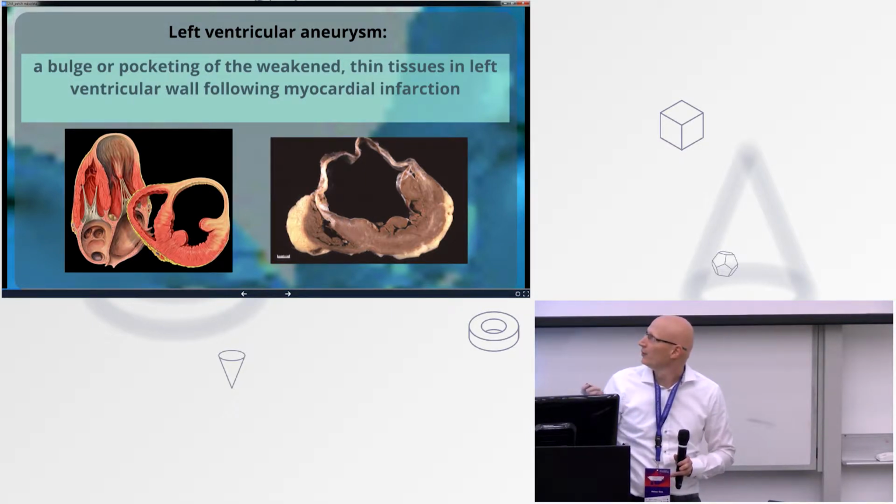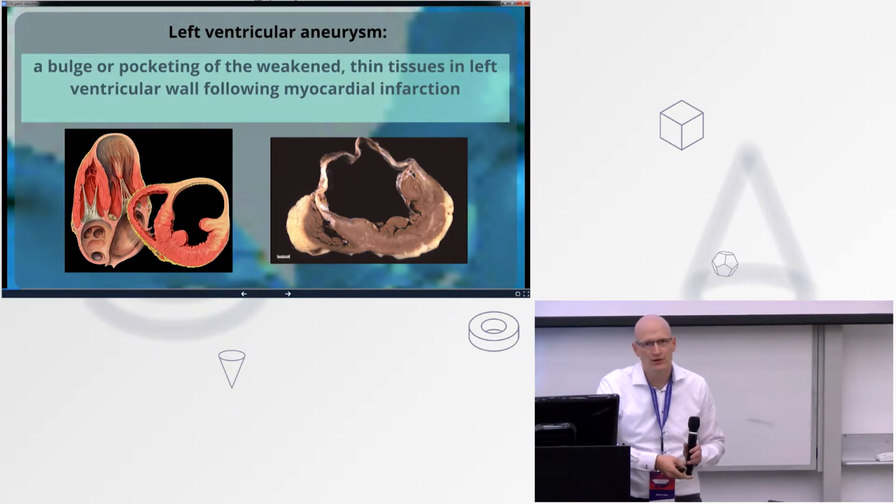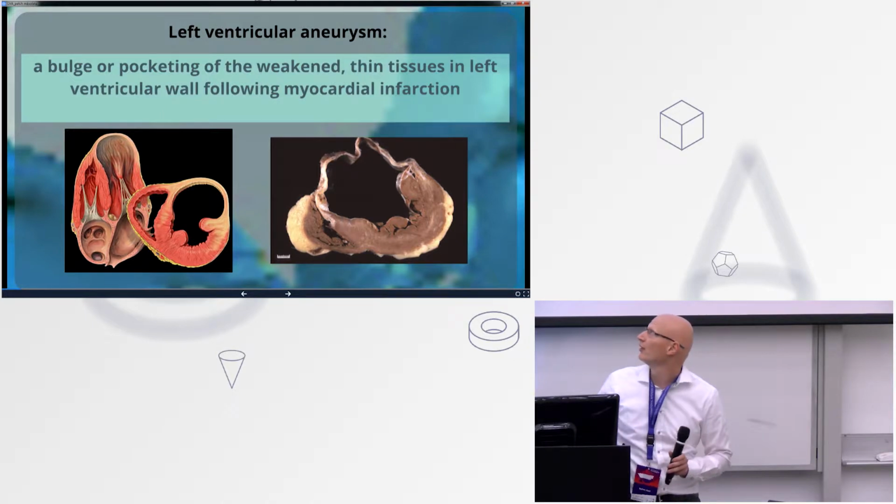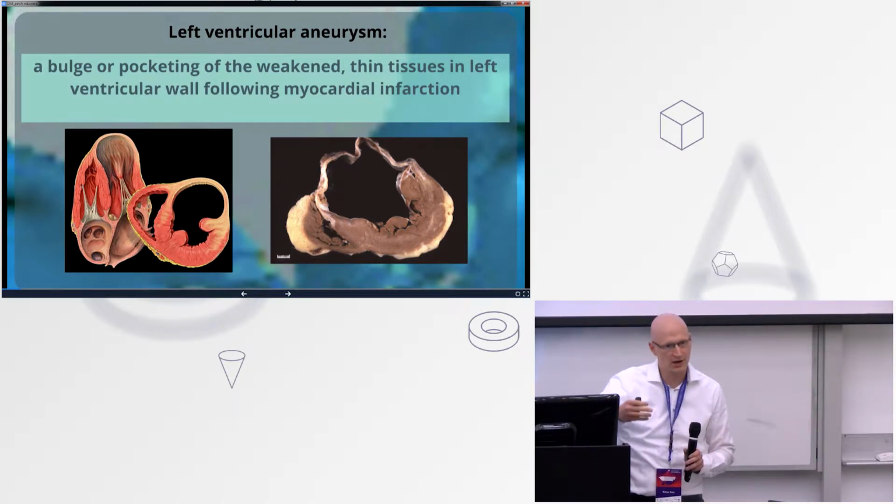We have only one solution for that in general, in surgery, and it is called surgical ventricular restoration. That means we try to restore the normal shape and morphology of the left ventricle, excluding the aneurysm somehow.